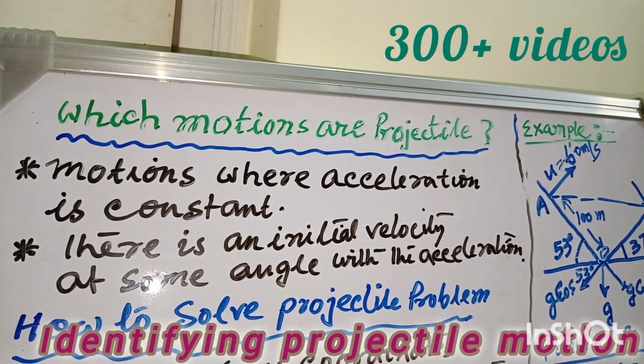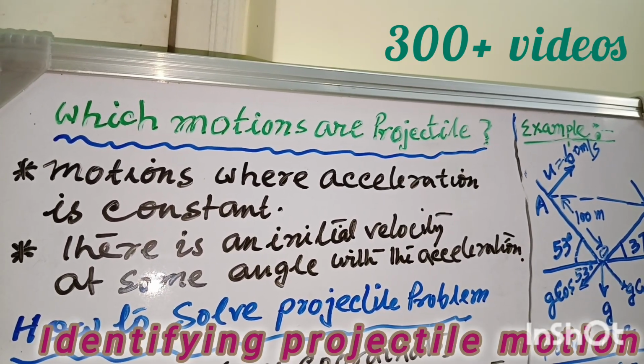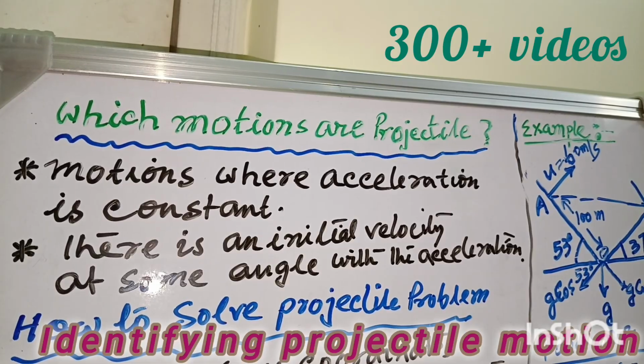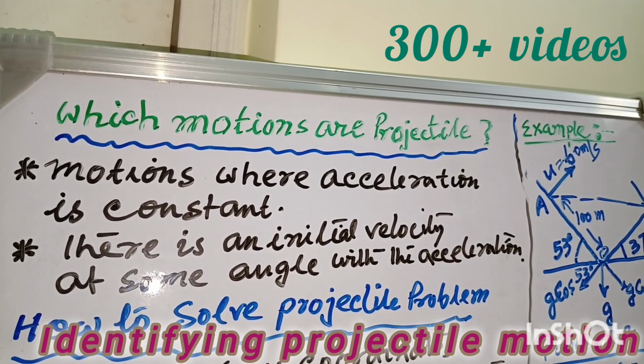So in general, any motion where the acceleration is constant like this, it may not be towards the ground, but it may be in any other direction. If something is projected with an initial velocity which is at some angle with that acceleration, it makes a projectile.